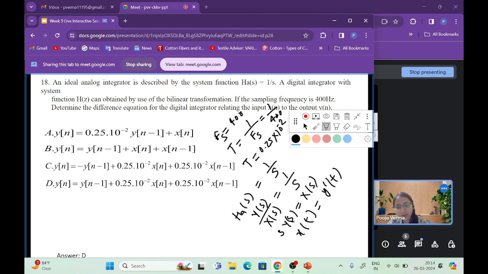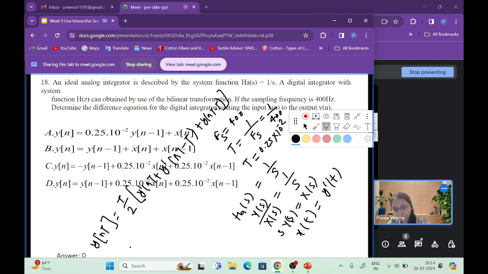Now we already know that in order to transform into the z domain by using the bilinear transformation, we have already solved y(nT) equal to T by 2 times [y dash(nT) plus y dash(nT minus T)] plus y(nT minus T). We know this equation.